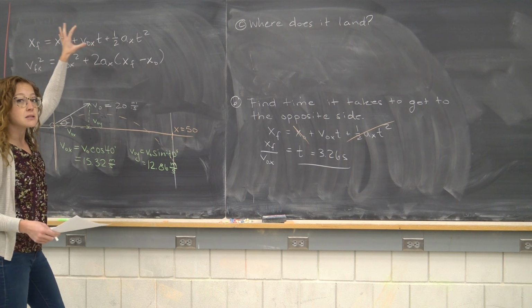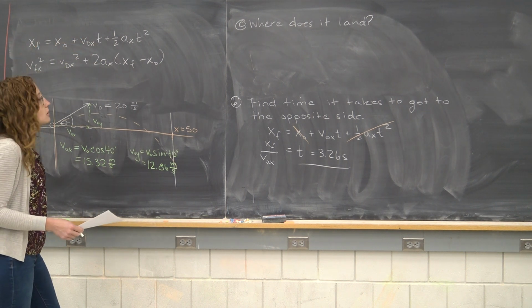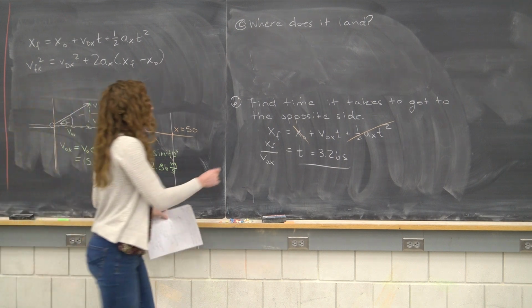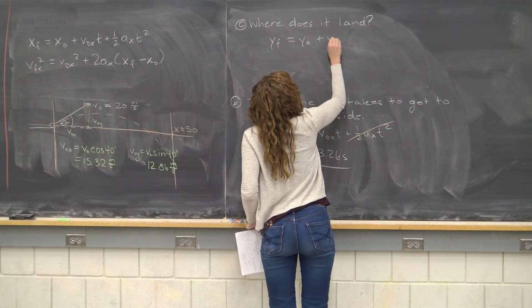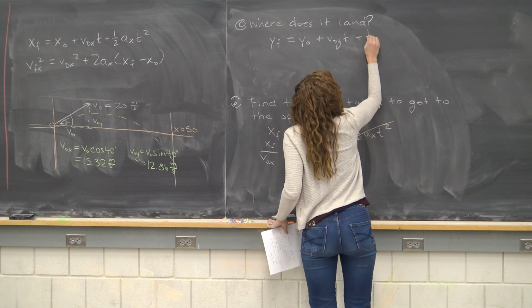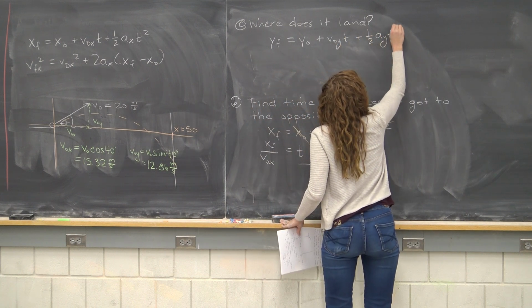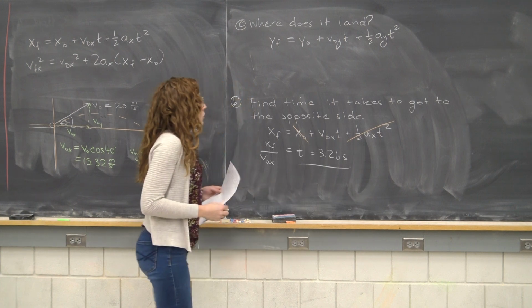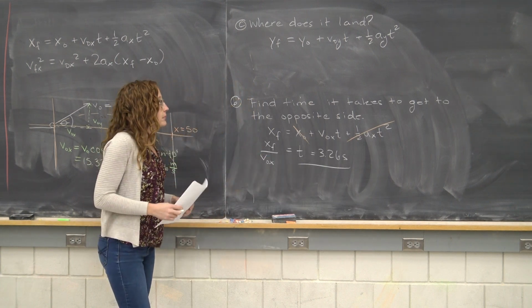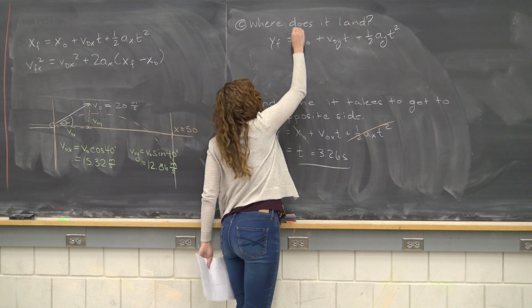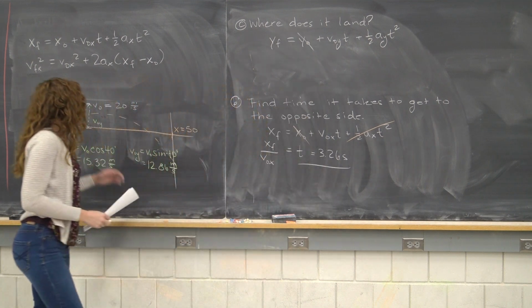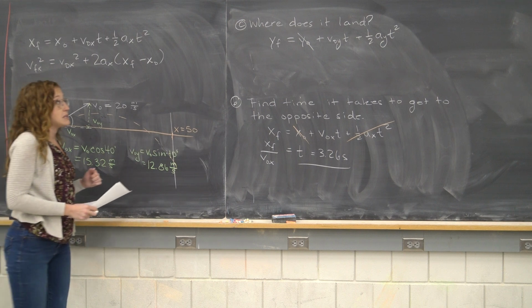Again, I'm thinking about these as the y versions of these equations as opposed to the x. So let me write the y version of that top equation. y_f is equal to y naught plus v naught y t plus 1/2 a_y t squared. We've got everything now, including the time, except for y_f, and that's the thing we're solving for, which is nice. Again, we've taken our origin to be right where it started, so that's 0.